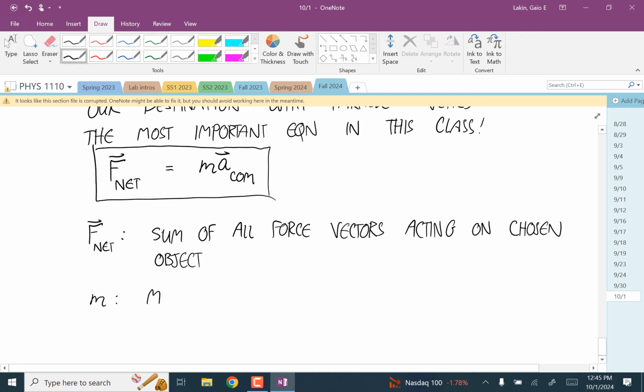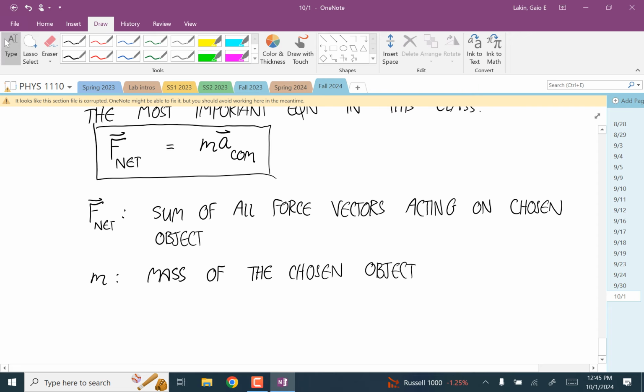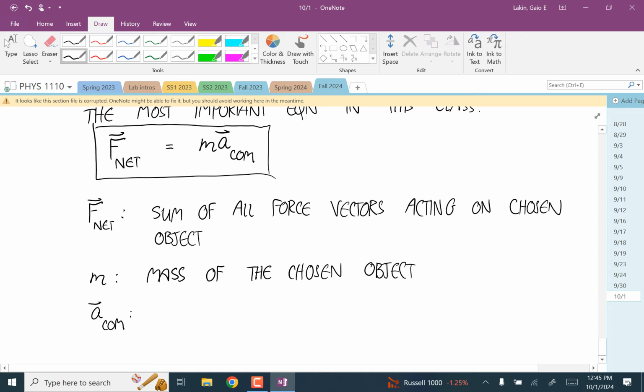M is the mass of the chosen object. And ACOM is the acceleration vector of the chosen object's center of mass.